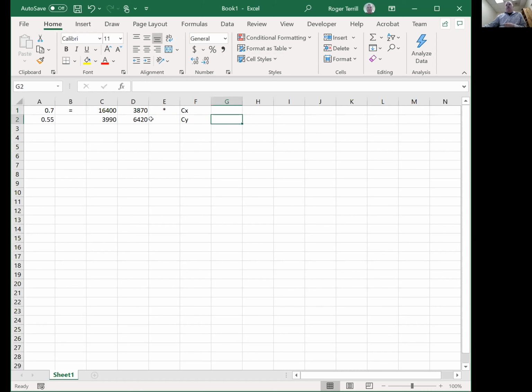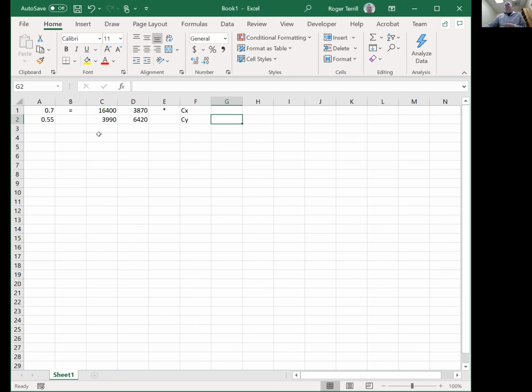And so this works, because Cx and Cy, when you multiply the matrices, you lay this matrix on its side and multiply Cx by this and Cy by this, and Cx by this and Cy by this. So that works.